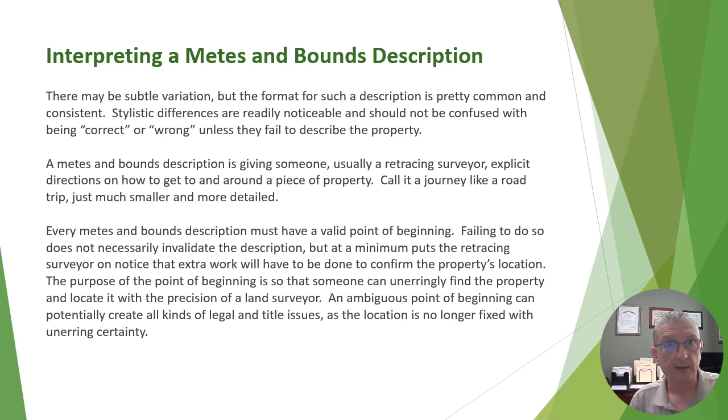Also imagine that you have a right-of-way intersection of 2 roads to be used as a point of beginning or a point of commencement. And near it, say 50 feet away, one of those roads intersects a railroad right-of-way.